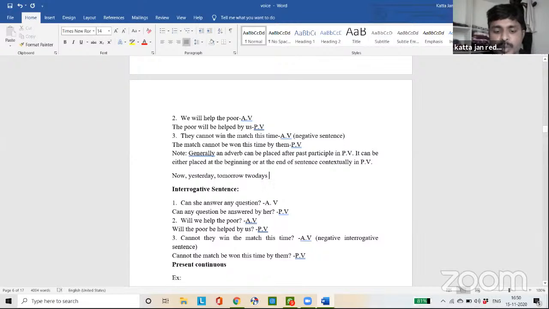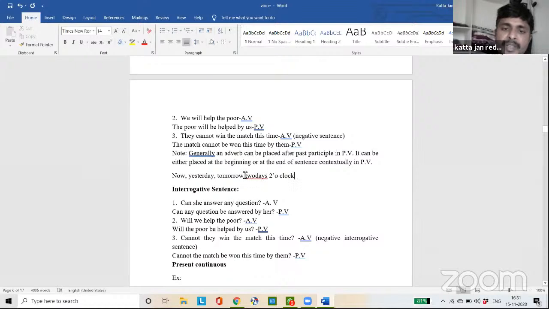Right? 2 o'clock is a word that indicates time. So whatever word indicates time can be used after V3, I am telling.